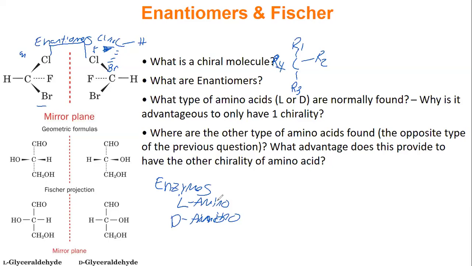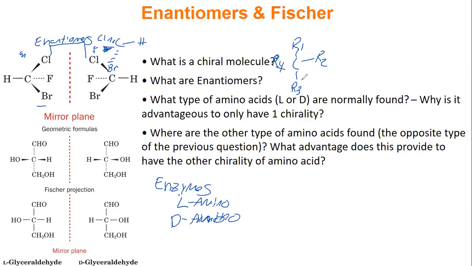The machinery would get so much more complex just from a little change. So to simplify things, it is way more energetically efficient if all of your enzymes just work on one type of amino acid instead of making enzymes to work on another type. So that's why pretty much all life on Earth has one amino acid. Now, if we go to another universe that uses amino acids, they could be all D amino acids. There's no reason why it couldn't happen. It just didn't here.